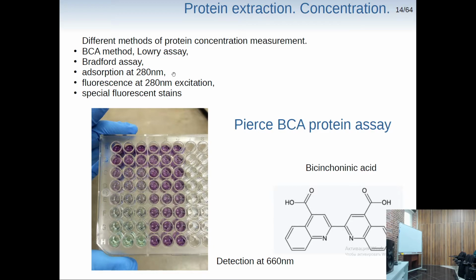But with proteins, we want to use it. But what do you think? Why are we not using just absorption at this wavelength to get the concentration of our proteins?